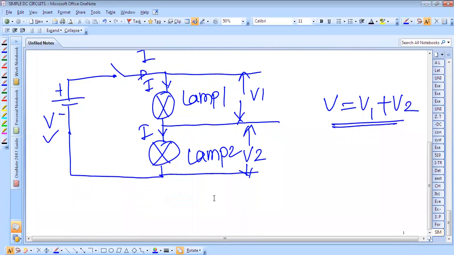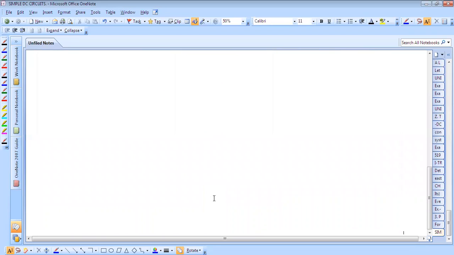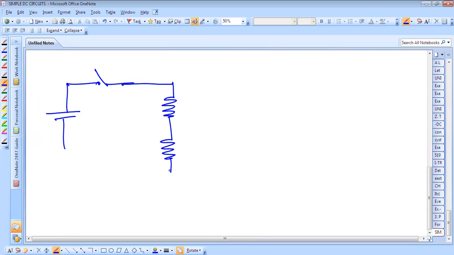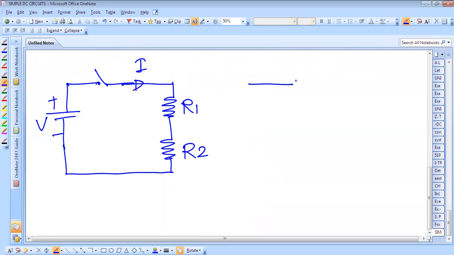So this circuit we can also show like this. This is the voltage source having one switch, and here the two resistances are R1 and R2. The current I is flowing through this circuit. Now suppose we have to measure the current flowing through this, we require an ammeter.